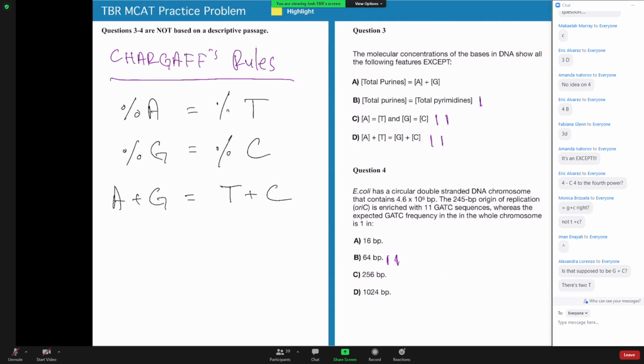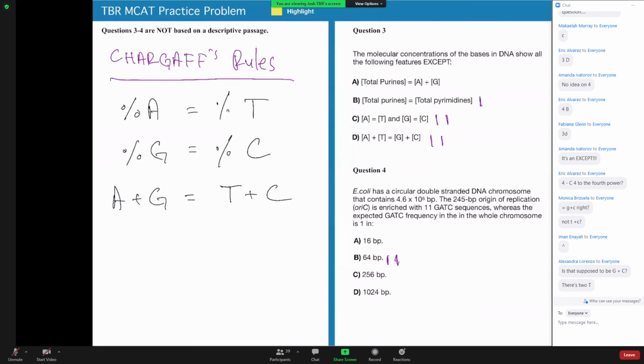Got it? So if we go through question number 3 now, this is a good question because it asks which ones are the purines, A and G, which ones are the pyrimidines, and you have to combine them.